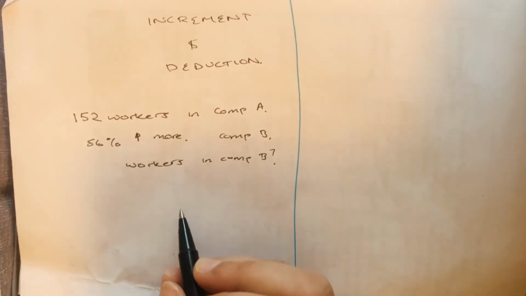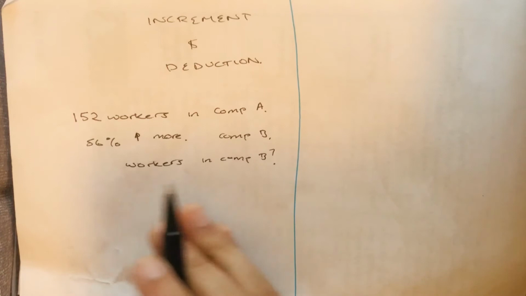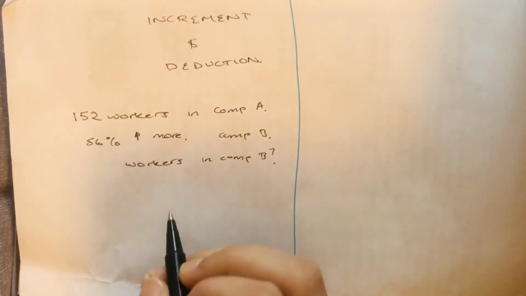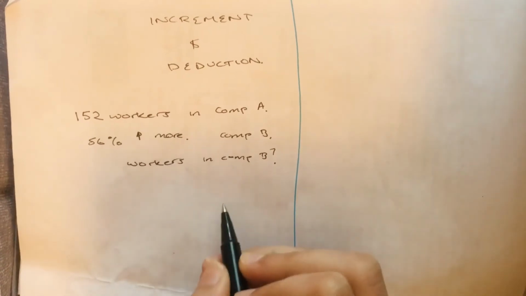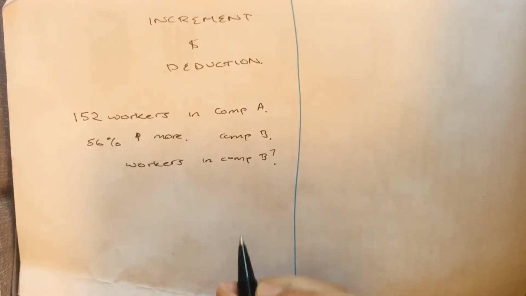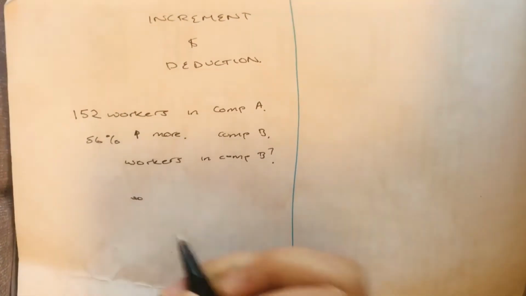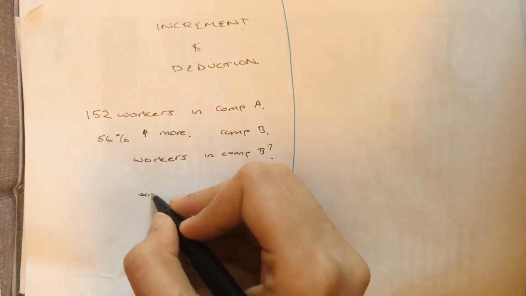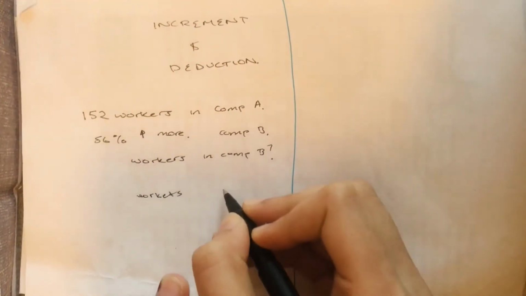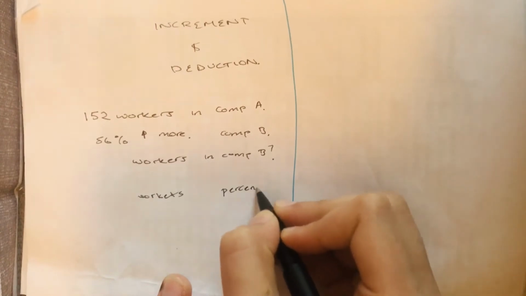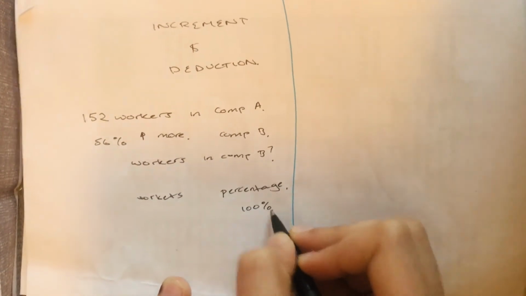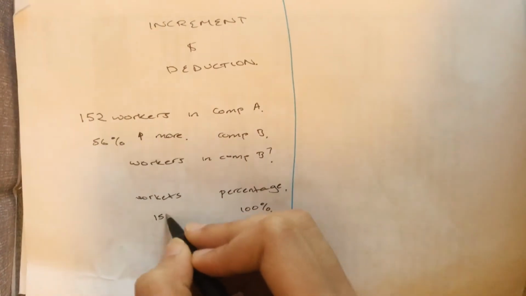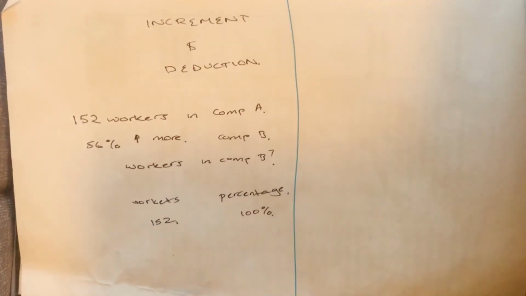Now let's begin the calculation. The first thing you need to do is sort the data. So first you have workers and percentage. So 100%, that is 152 workers, and 56% more.